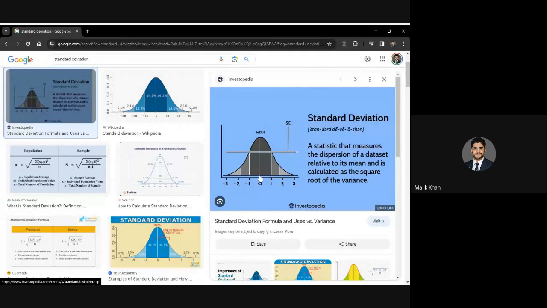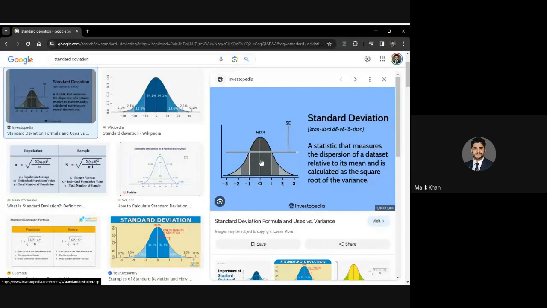So let's say the size of the standard deviation is very low. For example, mean is 50 and standard deviation is 5, right? Which is 45 and then 55. Let's say standard deviation is very low.